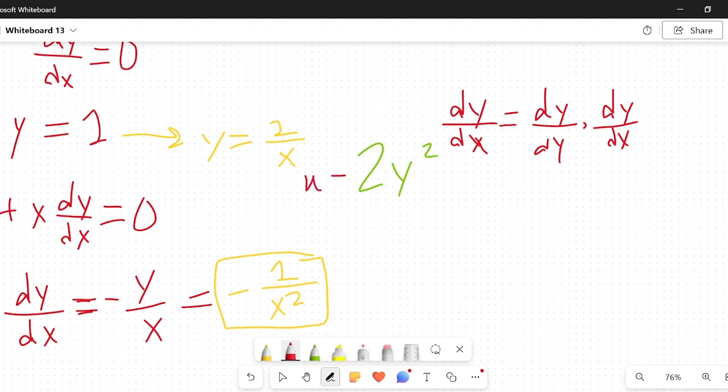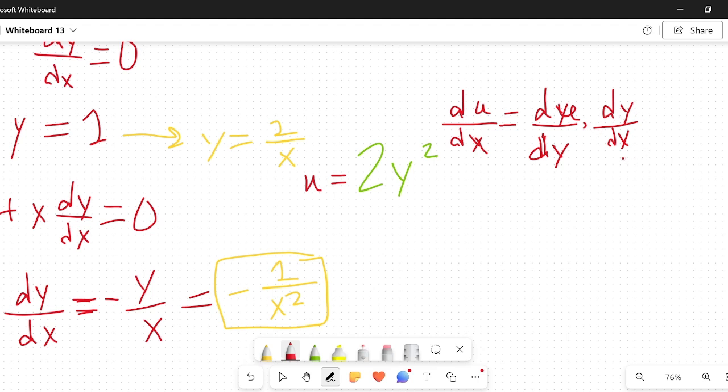Then the derivative of u with respect to x is equal to the derivative of u with respect to y multiplied by dy over dx.